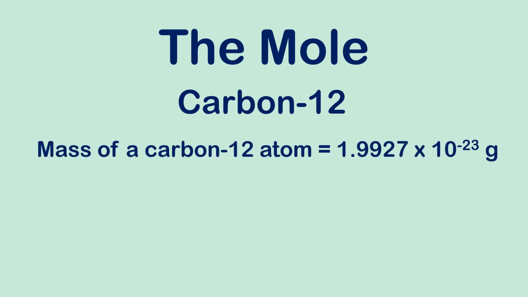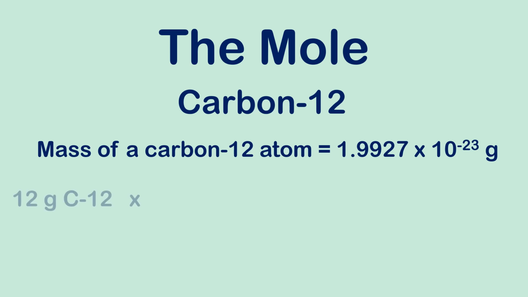In the 1960s, it was agreed that the isotope carbon-12 would be the standard for defining Avogadro's number. Briefly, we know from mass spectral analysis that the mass of a carbon-12 atom is 1.9927 times 10 raised to the minus 23 grams.